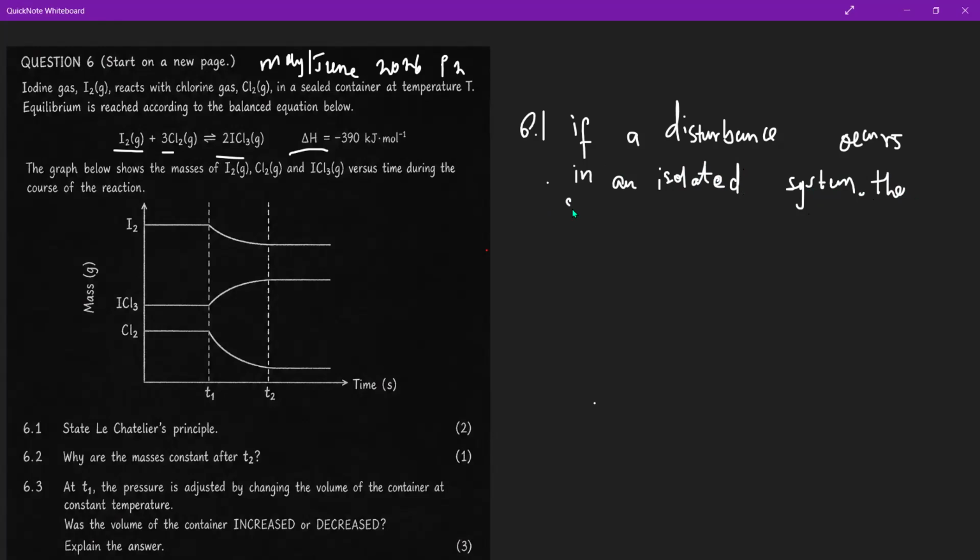the system will oppose the disturbance to establish a new equilibrium.